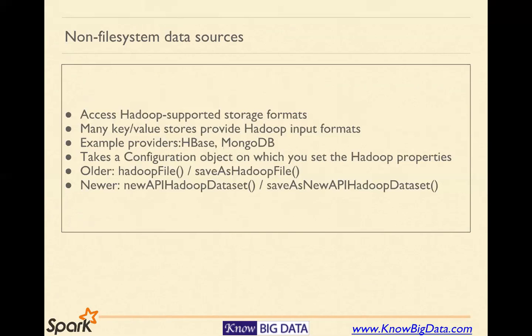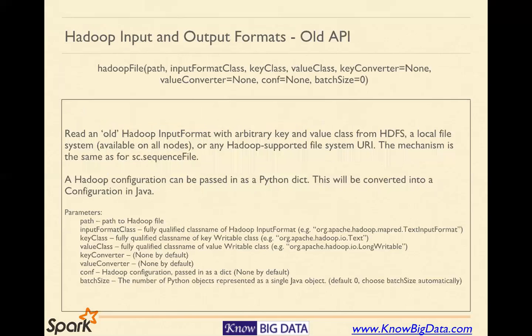Similar is the case with Parquet. Okay, take a look at the Parquet, thrift, and other formats. Right. Similarly, you can also load data if it is saved in the form of Hadoop, right? So there could be other providers such as HBase, MongoDB. You can load and save data from any format. All right.